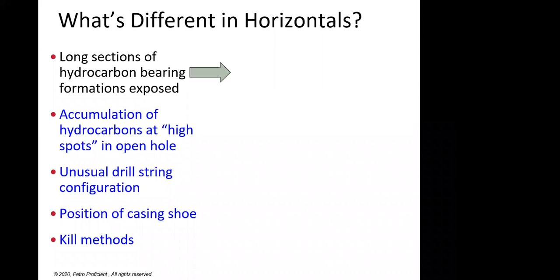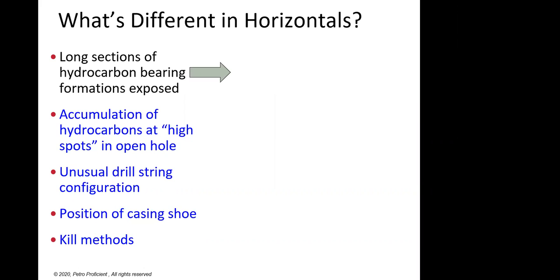Now, accumulation of hydrocarbons at high spots in the open hole. If you have a gas influx and a long lateral, the hydrocarbons can potentially accumulate on the higher side, higher spots. If you have some dog legs, you can have gas pockets. Gas can get accumulated there rather than moving up the wellbore to the surface.